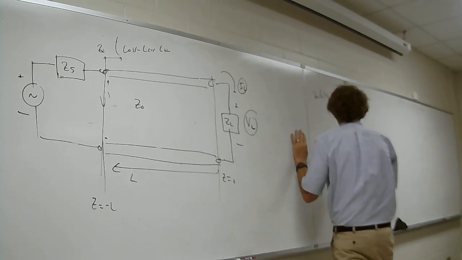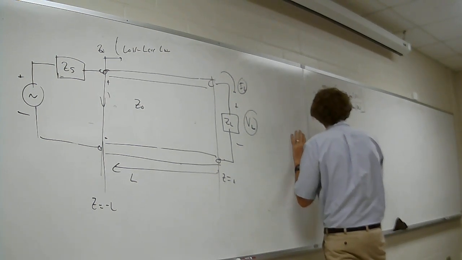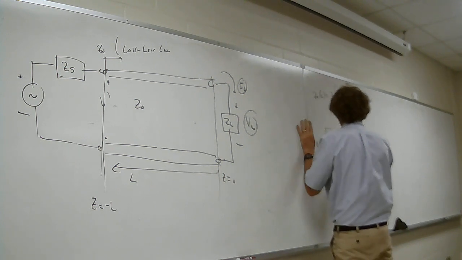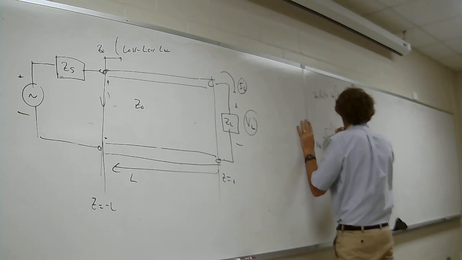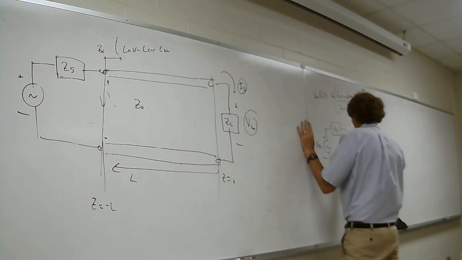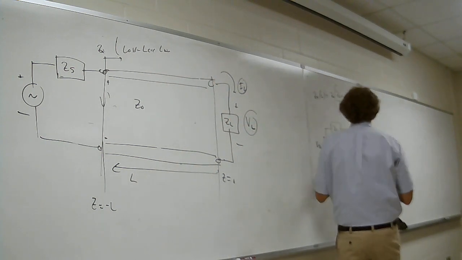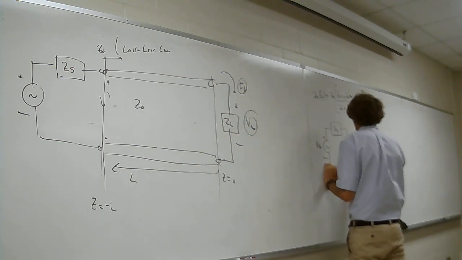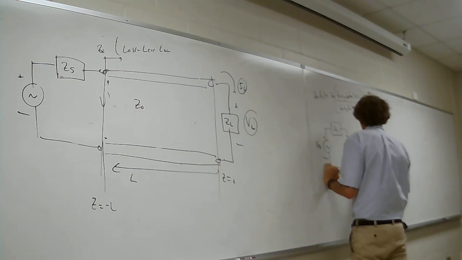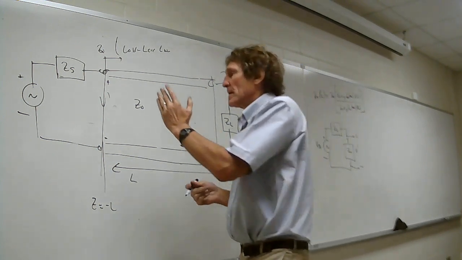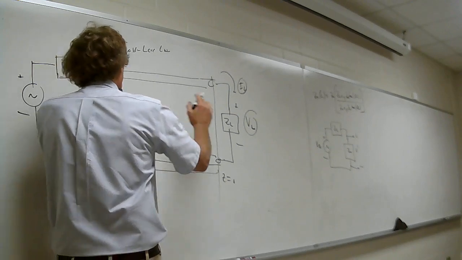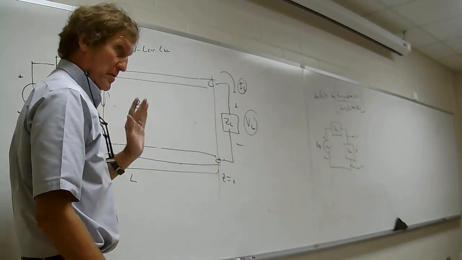So we're going to get that, and we're going to draw this circuit, where now we have our voltage Vs. Here's our source impedance, call it Zs. Then I'm going to replace all this with the input impedance right there. And this becomes Zin here. And what I want to do is get this voltage, plus to minus V prime. That's the voltage right at this point that is a superposition of the forward and reverse traveling waves at this point. You all follow me?